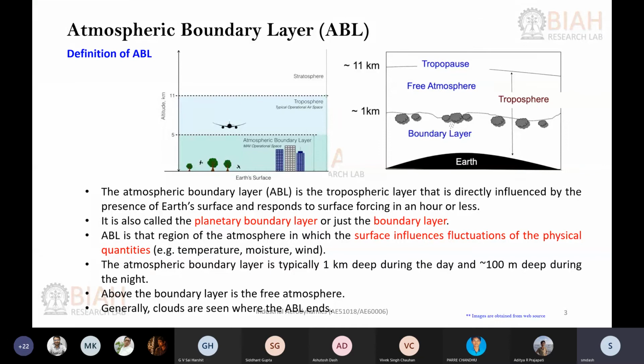So defining a boundary layer thickness, up to what height the boundary layer extends, there is no one answer.